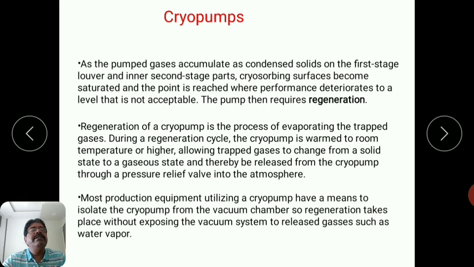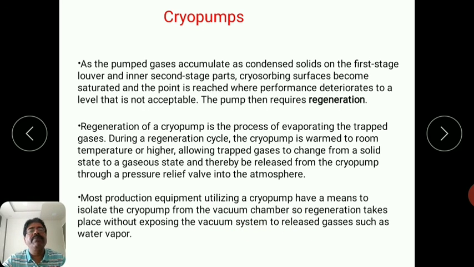During the regeneration cycle, the cryopump is warmed to room temperature or higher, allowing the trapped gases to change from solid state to gaseous state, and thereby be released from the cryopump through a pressure relief valve into the atmosphere. But remember, during regeneration, the cryopump must have a means to isolate it from the vacuum chamber.